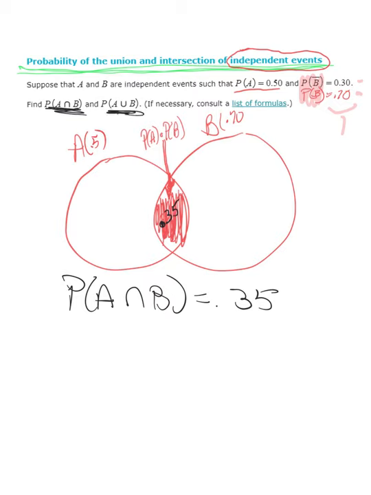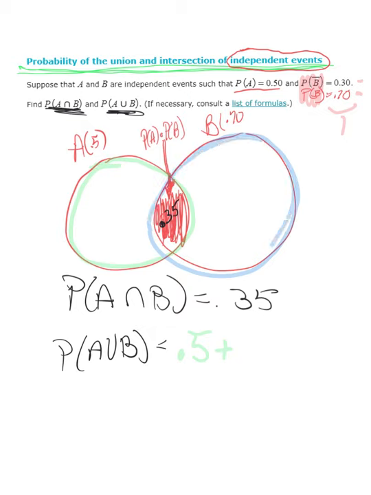The probability of A union with B is going to be all of A, which is 0.5, right? So I'm going to say 0.5 plus all of B, which is all of this right here, and that's 0.7.